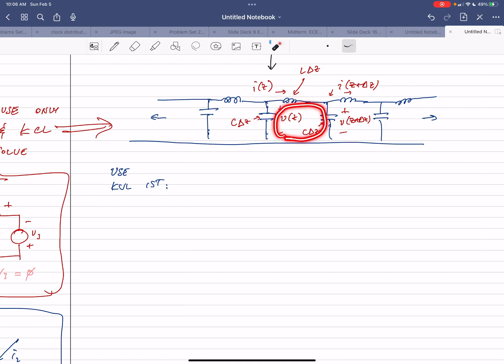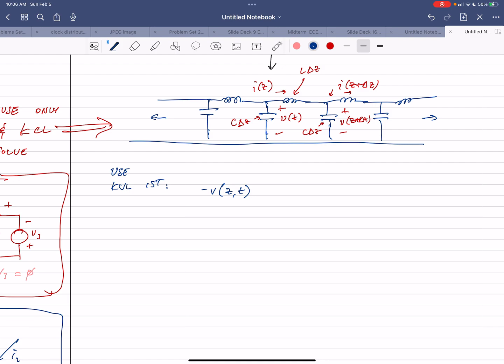If I look at this loop first, I'm going to have a V sub z, and I'm going to put these as a function of time as well, because strictly speaking, the currents and voltages could all be time dependent.